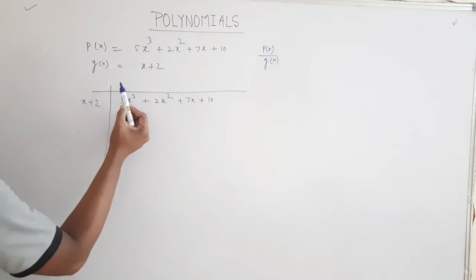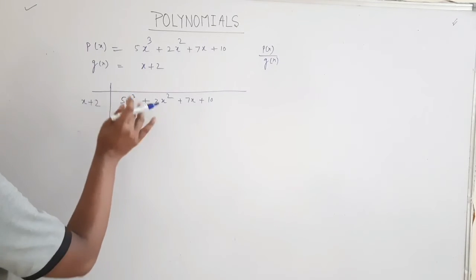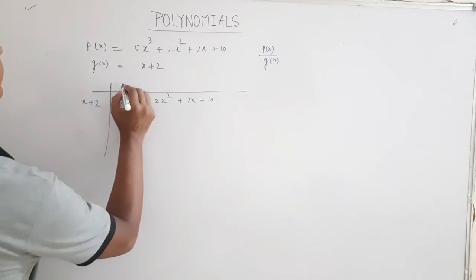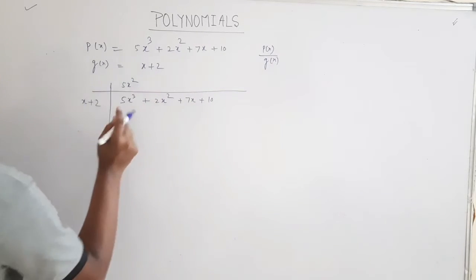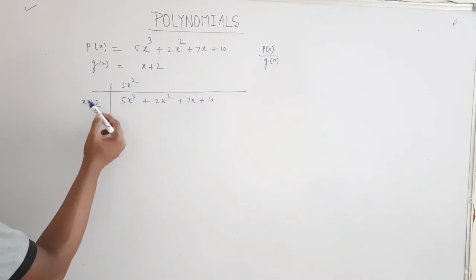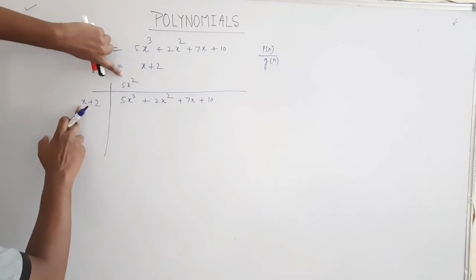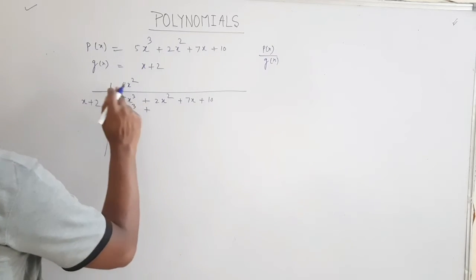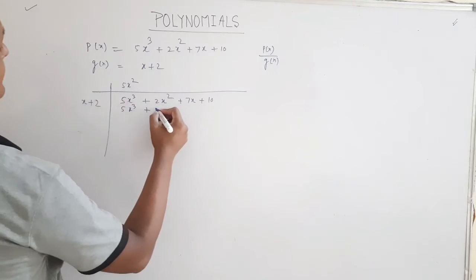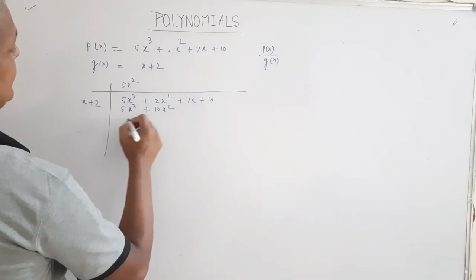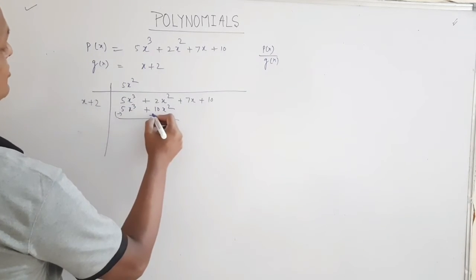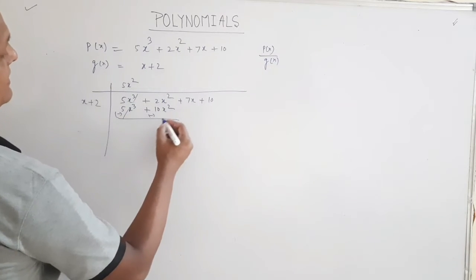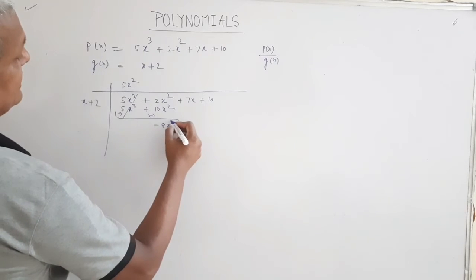Now you have to multiply this by a term so that you can get 5x cube. So you know this is x, so I'll write here 5x square. So now 5x square multiplied with this x will give you 5x cube, and 5x square multiplied with 2 will give you 10x square. Now subtract just like the usual division. These two cancel, and the 2x square minus 10x square will give you minus 8x square.